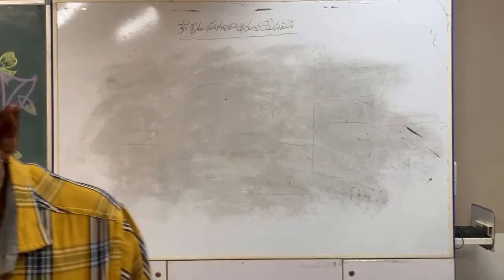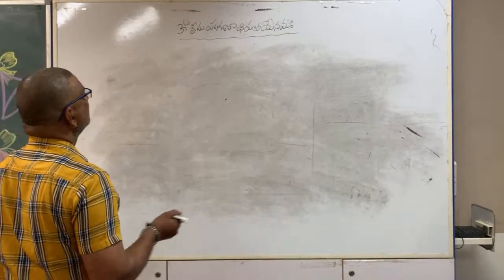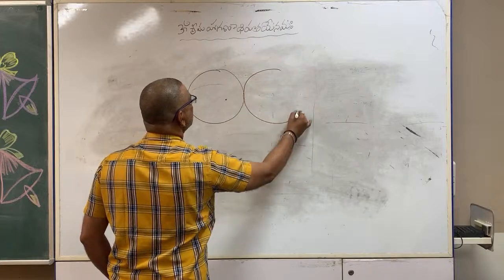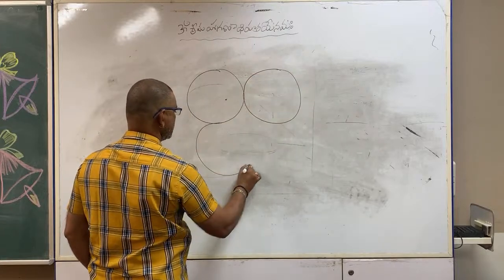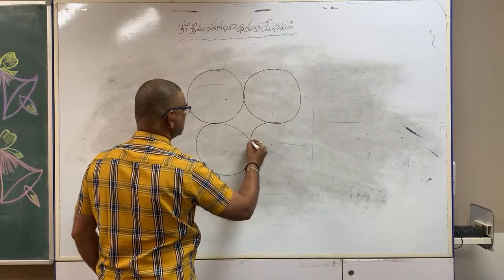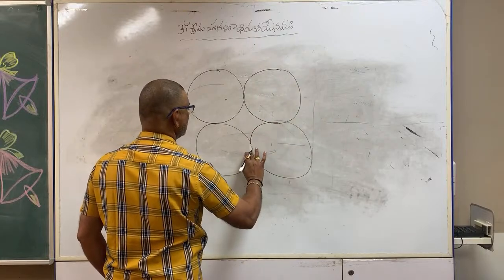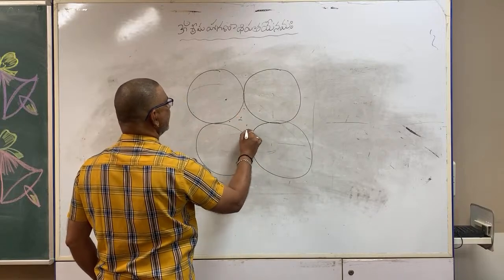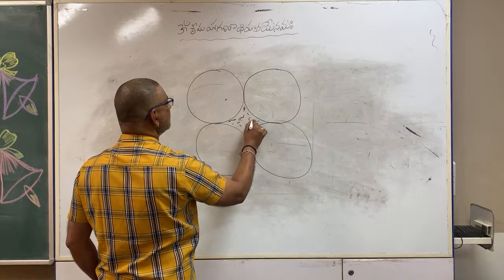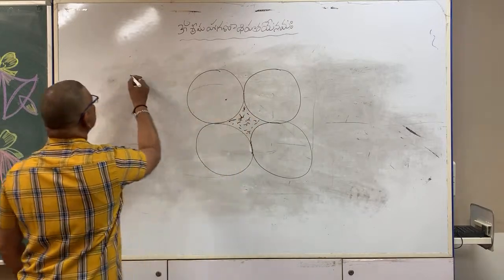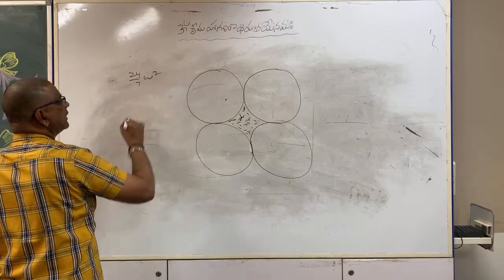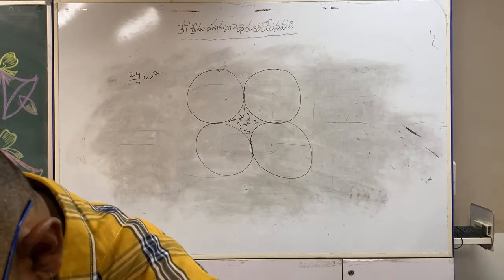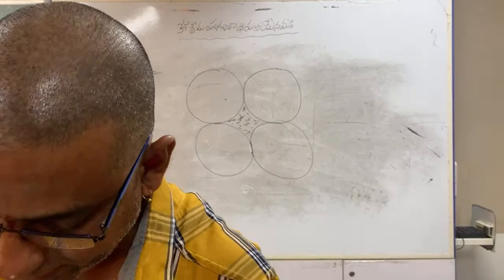Find the radius of the circle. It looks like this, 4 circles like this. This is given as 24 by 7 centimeters. 4 equal circles, and the radius is equal.